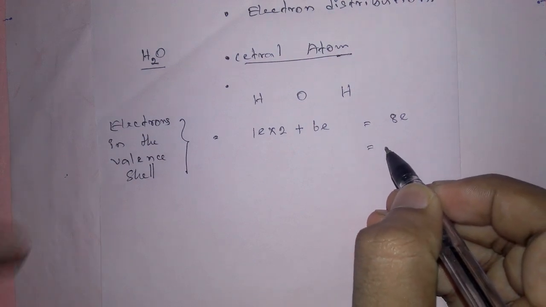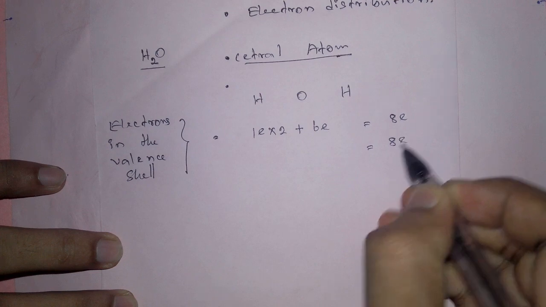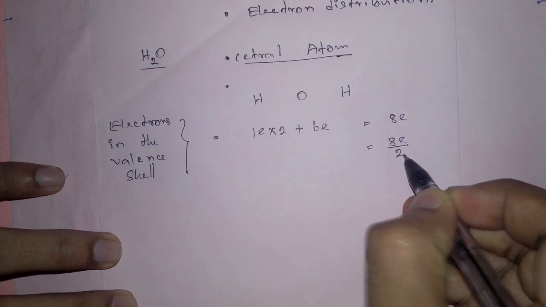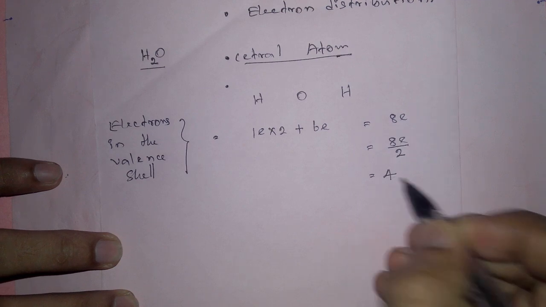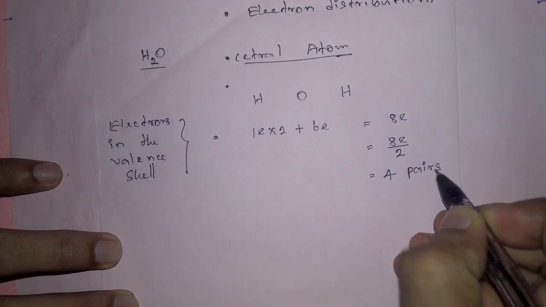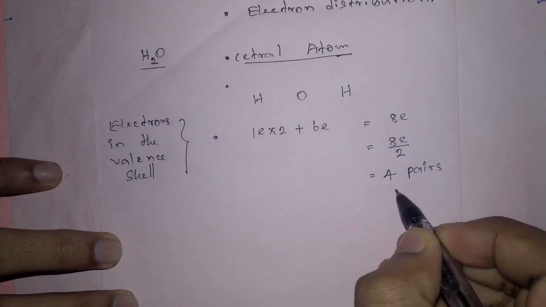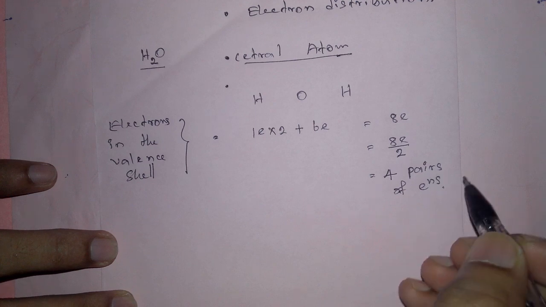And next point is divide these 8 electrons by 2 to form pairs of electrons. You can see there are 4 pairs of electrons.